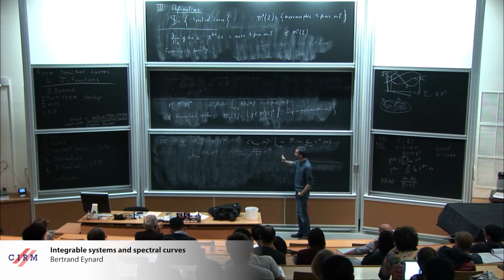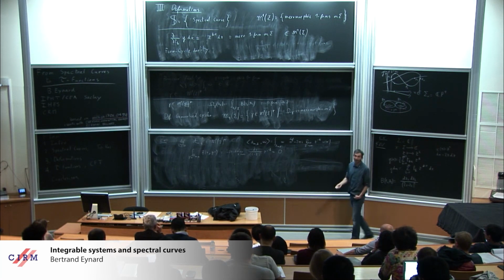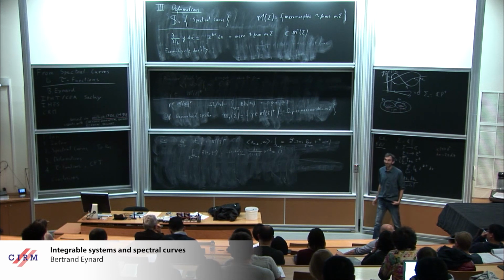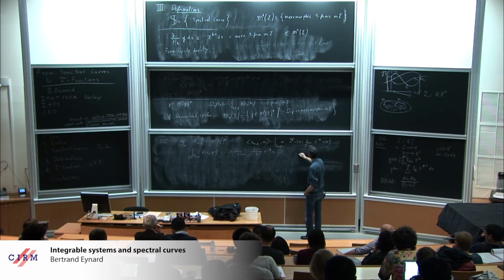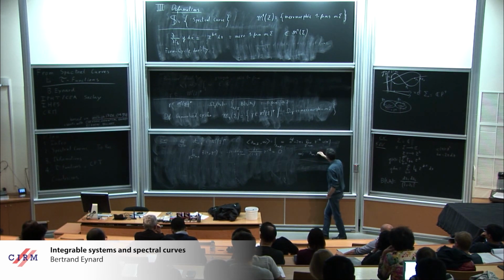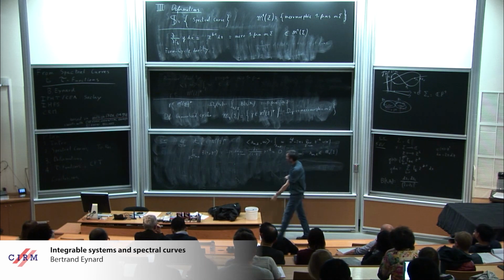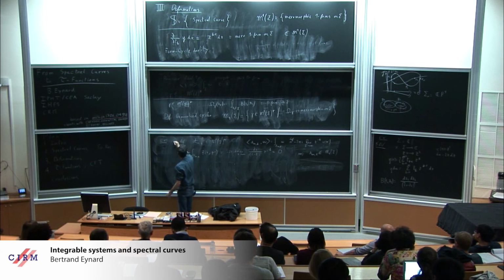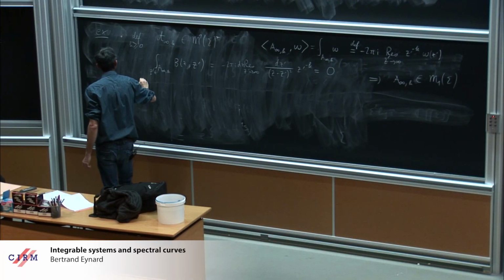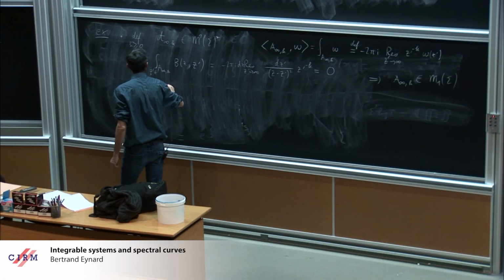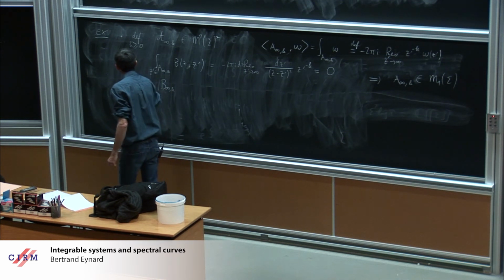It's perfectly analytic at infinity, so the residue is 0. But 0 is a meromorphic one form. So this means that A infinity k is a generalized cycle, so it belongs to my M1. Now, similarly, let me define another one, B infinity k, now for k larger than 1.